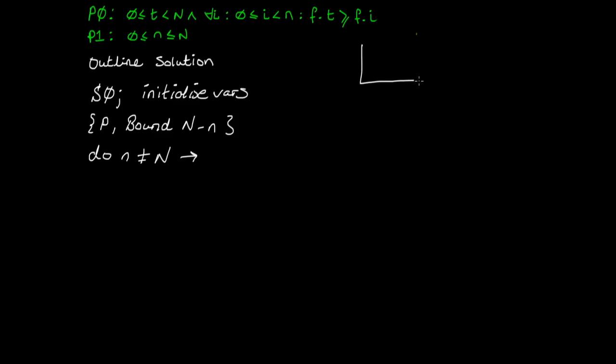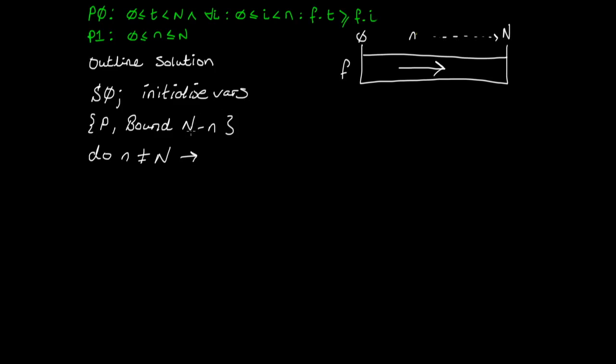Well, because we've replaced large n with small n, we know that we're processing the array in this direction. We have 0 at this end and we have large n at that end. So because we're processing the array from left to right, at some point small n will reach large n. So we should loop until small n is equal to large n.